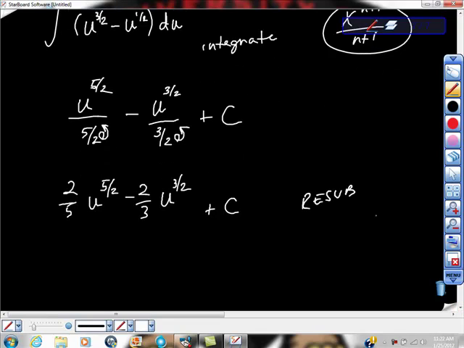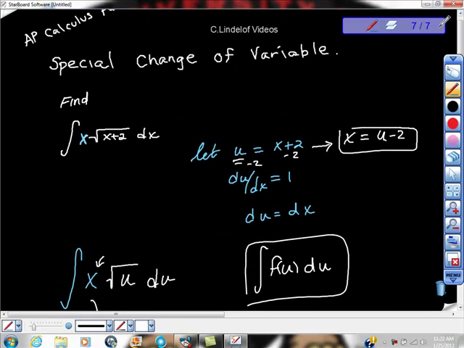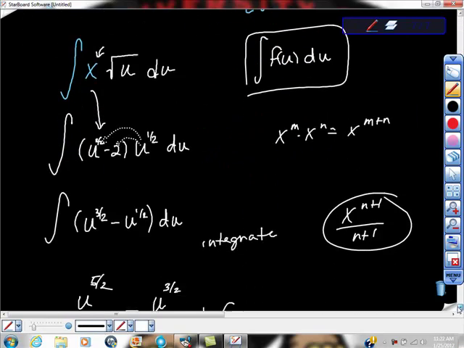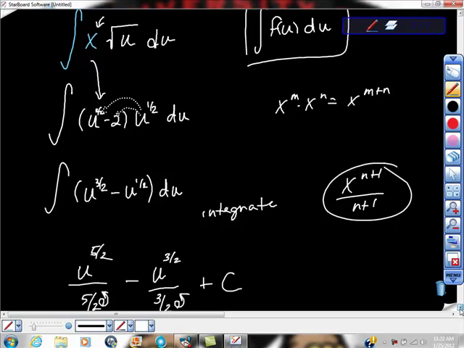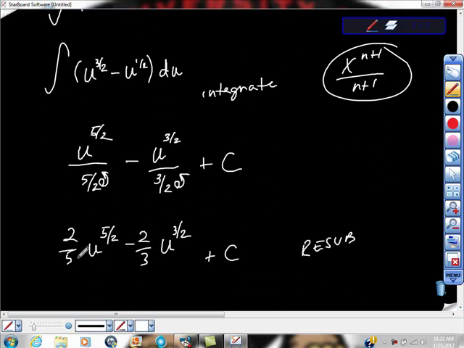Remember in the very beginning of our problem today, u is equal to x plus 2. So you would go back and plug those values in here. So this would be x plus 2 here, and x plus 2 here, plus c. And this would be our final answer.